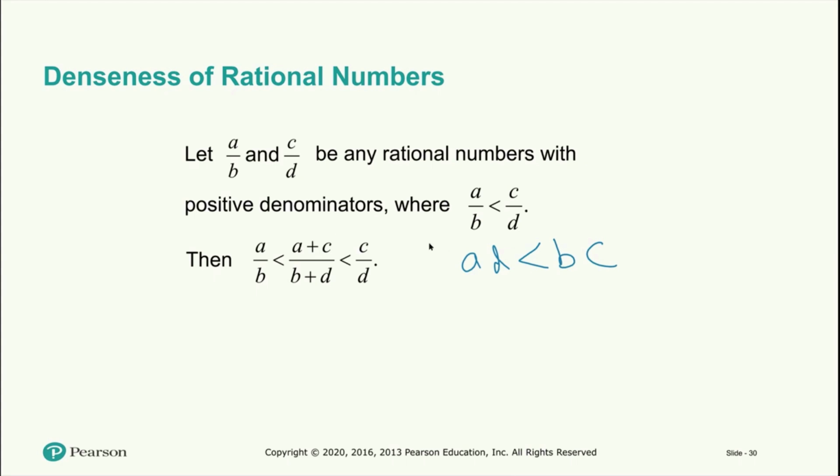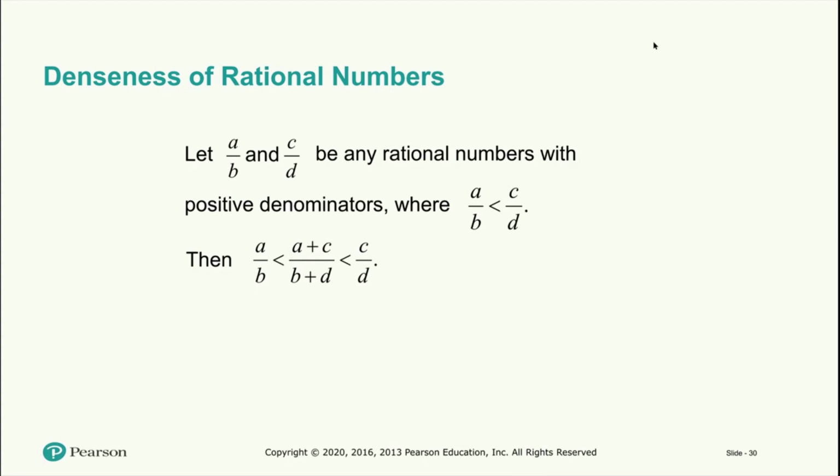Then you can safely say that you've established this compound inequality. So basically, we are going to be able to use it to quickly come up with a fraction between two other fractions. All right, that brings us to the end of the lesson proper.